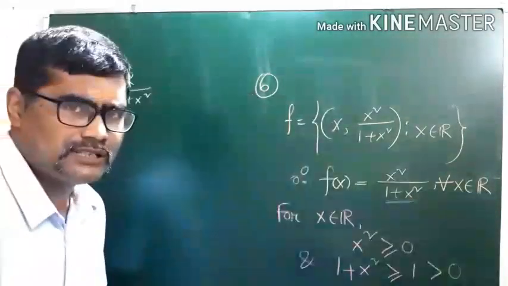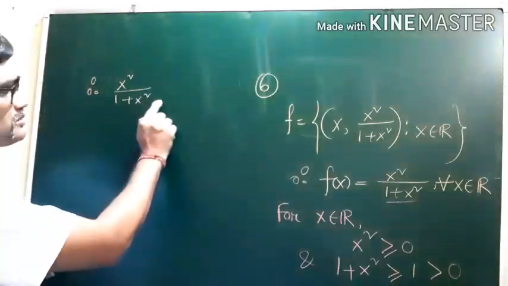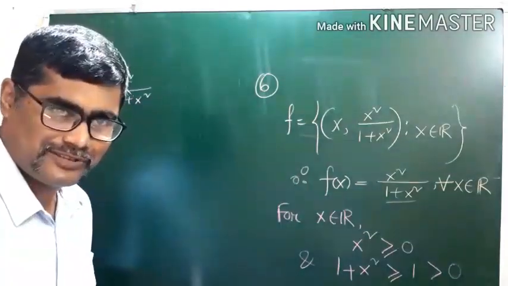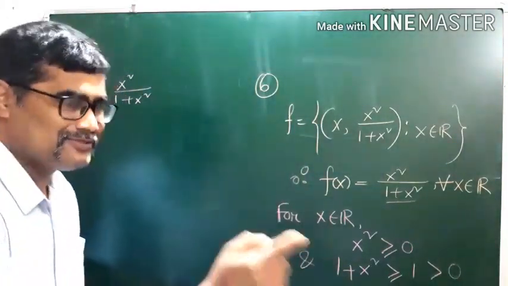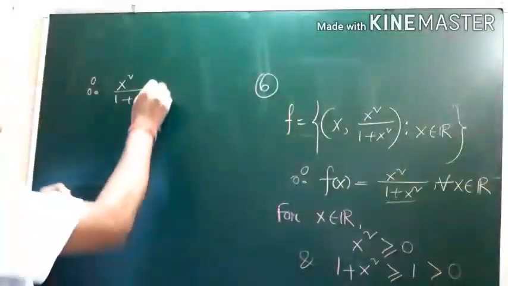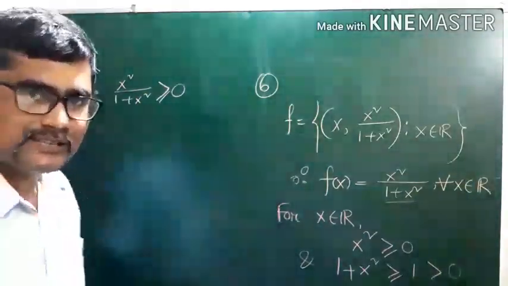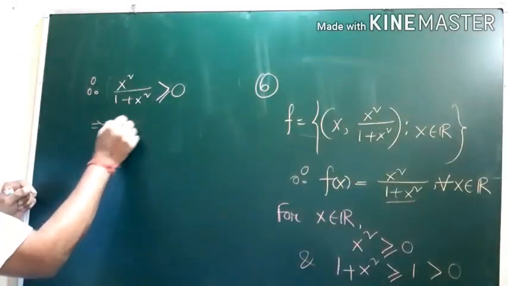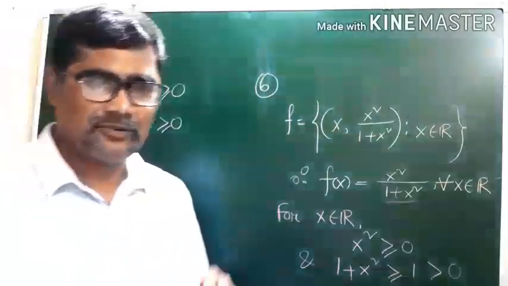The quantity below is 100% positive. Two options: if both are positive, the whole fraction is positive. If the numerator is 0, the whole fraction will be 0. So ultimately combining these two, this will be either 0 or greater than 0. That means f(x) is greater than or equal to 0.